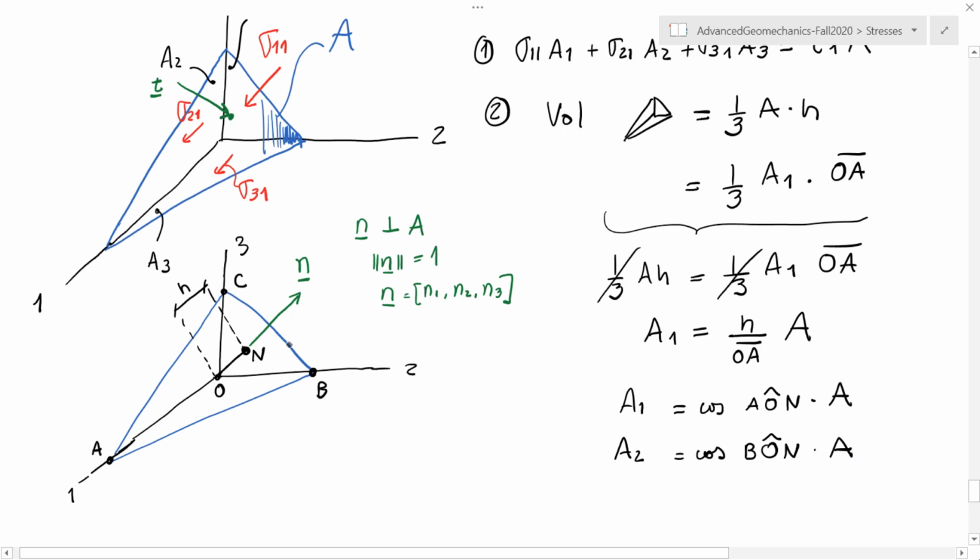The angle BON is this angle, and the cosine is equal to the height, which is this length, divided by this distance OB. And finally, the cosine of CON is going to be this.